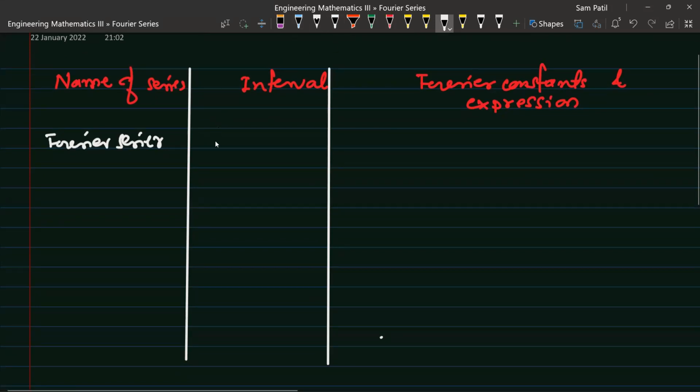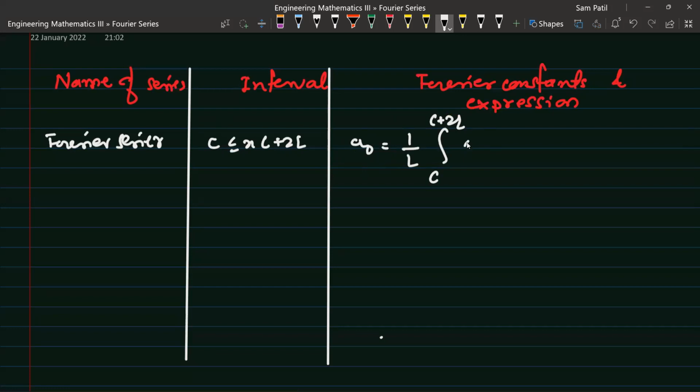Then suppose the interval is C to C plus 2L. This is the definition I'm repeating. So what is a naught? A naught is 1 upon L, integration from C to C plus 2L of f(x) dx. This is our a naught.